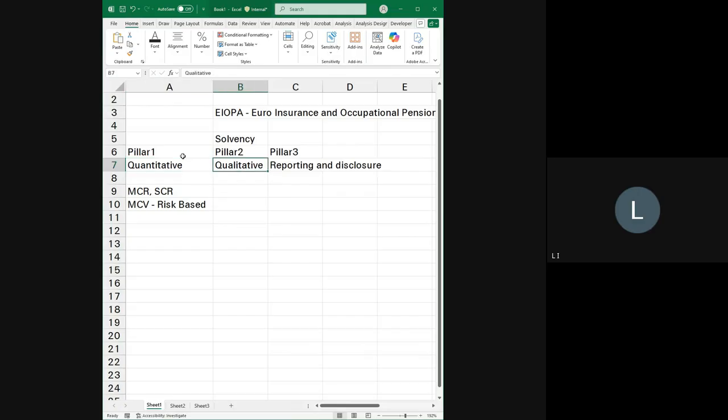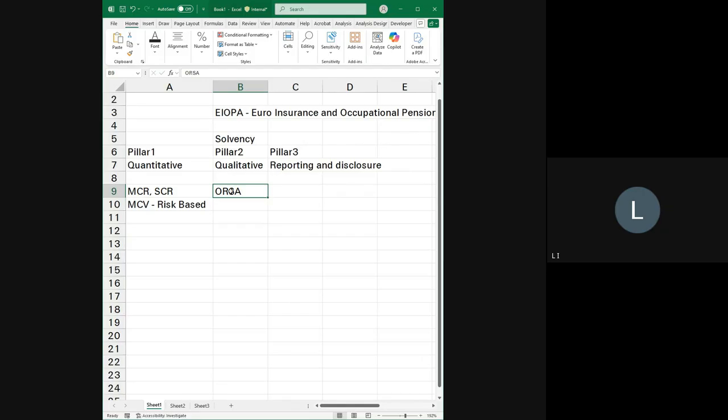Then the qualitative part, the pillar 2 part, is where you have something called an ORSA. We'll talk about this, which is nothing but an own risk assessment. Own risk and solvency assessment, where they produce a qualitative assessment of whether the solvency capital requirement they have calculated helps them meet all the risks.